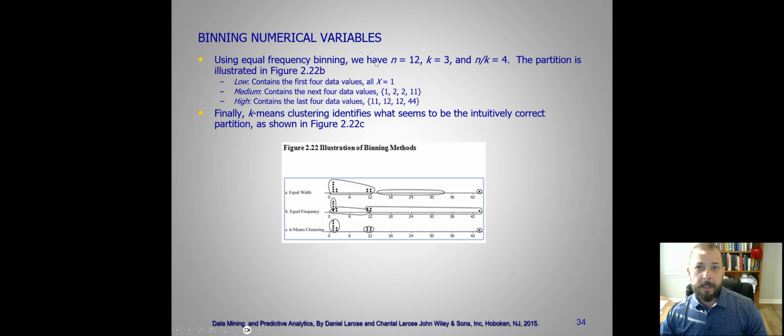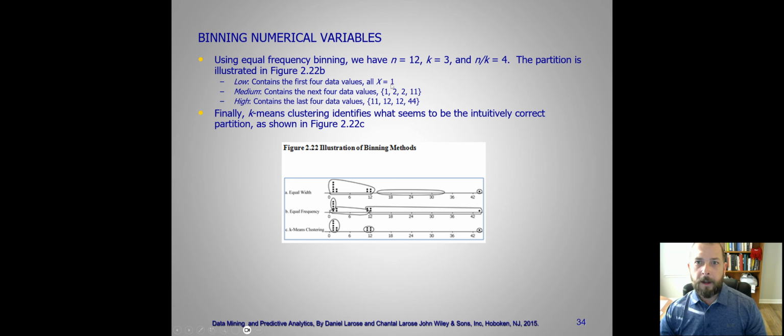Equal frequency binning. Say the number of observations is 12, and we want to split this into 3 different categories. So we take 12 divided by 3, so there should be 4 numbers in each of our categories. Sorry about that.